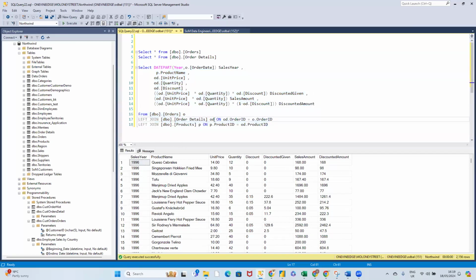But I now want to group, because I don't want it this way. I want it for each product. So what I do is do a sum.